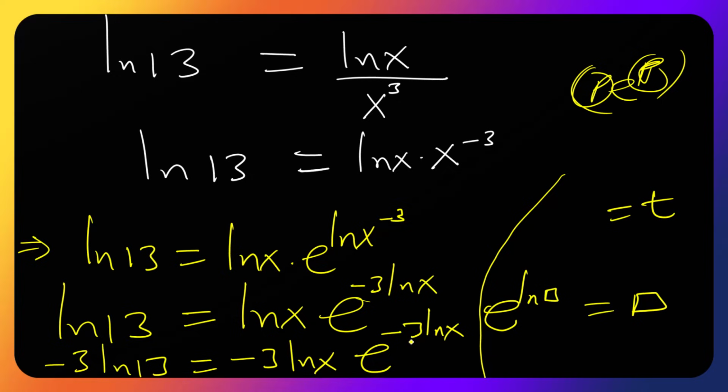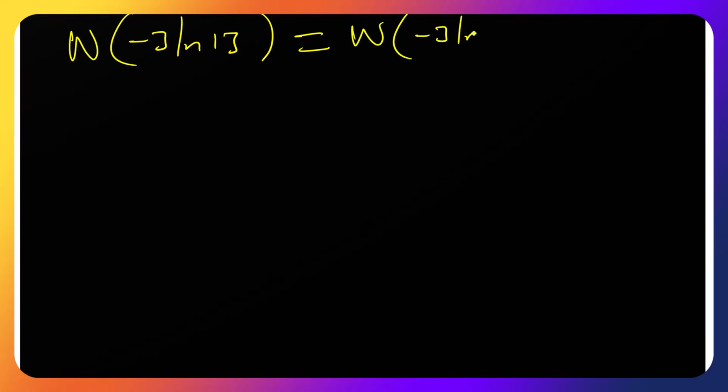So once we have this, we can proceed and take the Lambert W function. So we have W function of minus 3 ln of 13 equals W function of minus 3 ln of x times e raised to minus 3 ln of x.